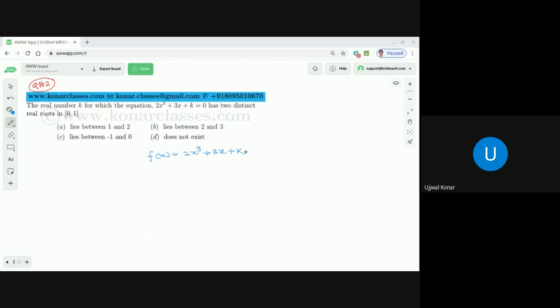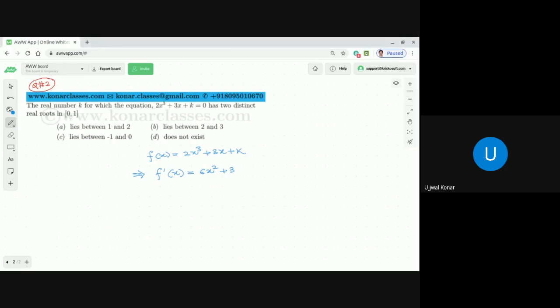Now, if you differentiate both sides with respect to x, what are you going to get, dear students? You get f dash x equal to 6x square plus 3. Correct or not?